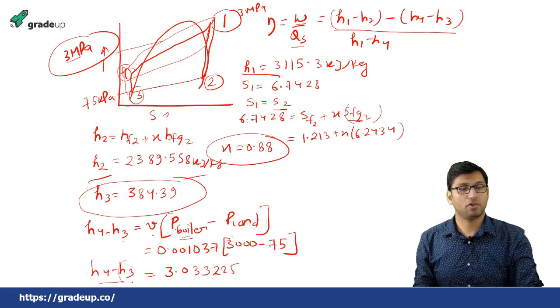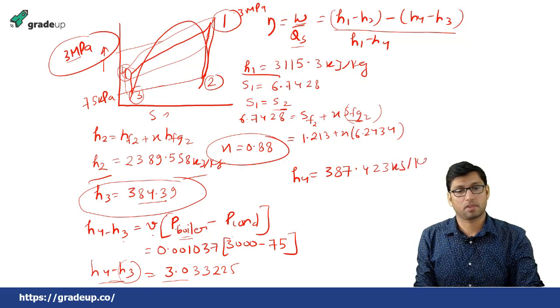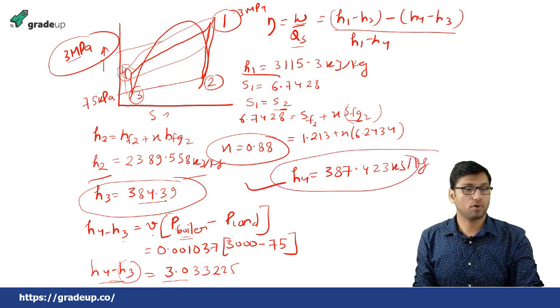Since H3 is equal to 384.39, from here you can find H4, which comes out equal to 387.423 kilojoule per kg.